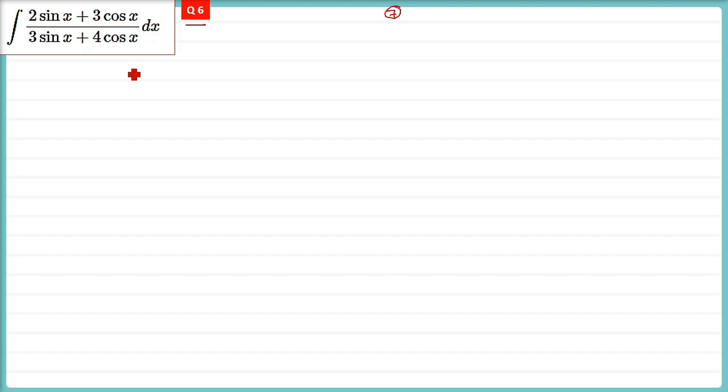Now we have to represent the numerator in the form of the denominator. So we have 2 sin x plus 3 cos x, and this is equal to, just place the constants now, a into, what is the denominator, 3 sin x plus 4 cos x, this is the first term. Then we have b, capital B, constant we are introducing, and we have to differentiate it.